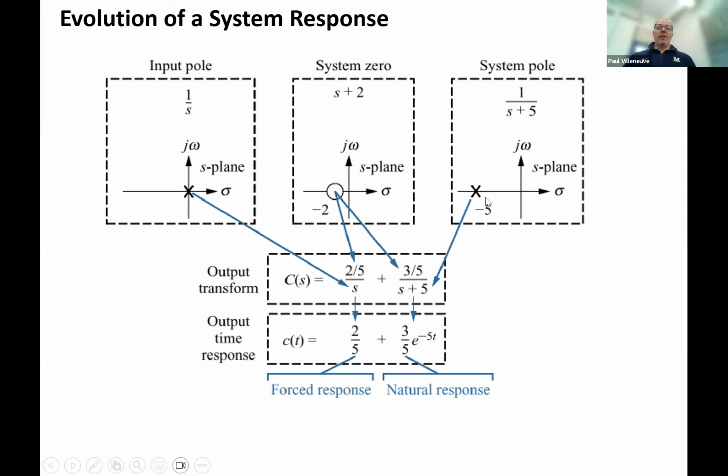The pole that we have over here, because that's the s plus 5, does have an implication on the time domain response. So the zero has no effect on how long a system takes to get stable, but it does affect how high the terms can get. So we talked about our forced response and our natural response already. Again, this is all determined from our input pole, and this one is determined from our system pole.